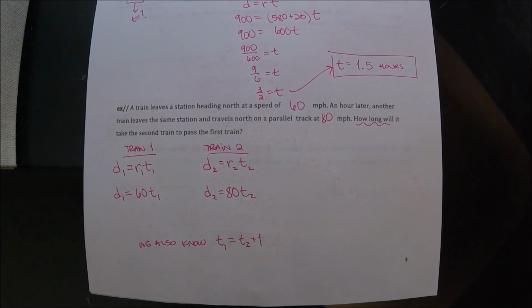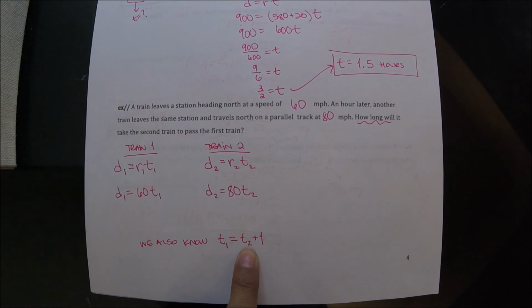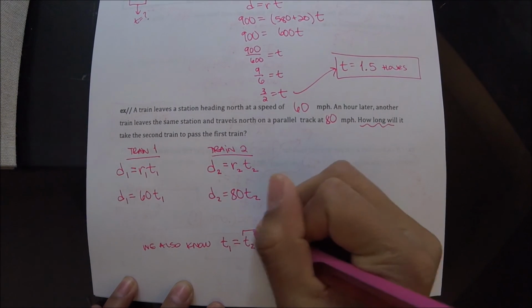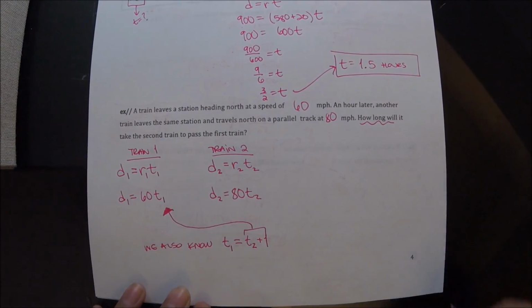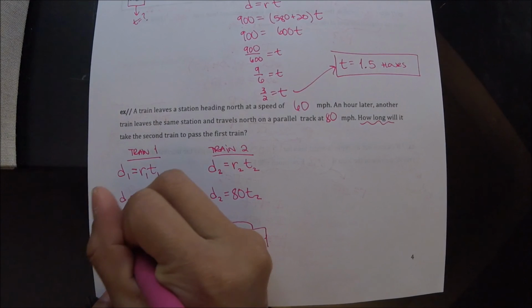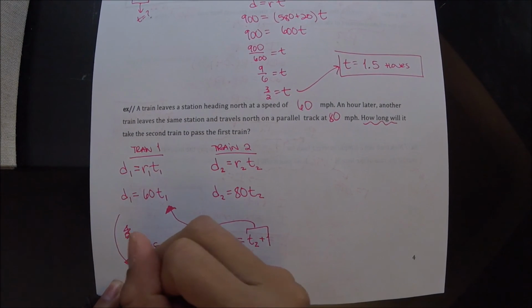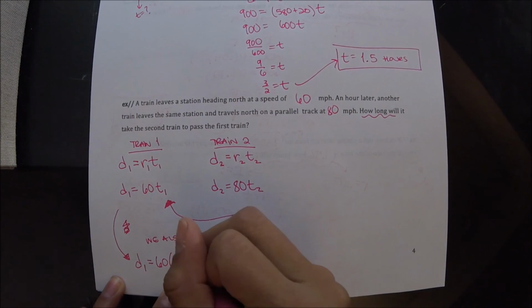Okay. We know that the time that the first train is traveling is 1 hour added on to the time that the second train is traveling. So what I'm going to do is replace t1 with that. So now I have, let's write it down here, that the distance of train 1 is equal to 60 times t2 plus 1.